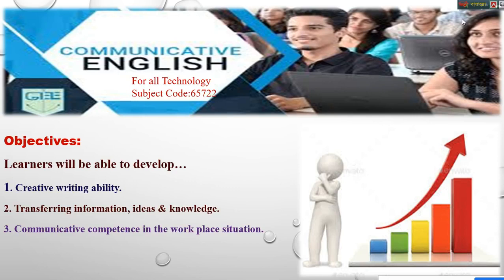Completing this course, our students will be able to develop writing ability creatively. They will have a creative writing ability, and they will be able to transfer information, ideas, and knowledge, and ultimately their communicative competence will be developed. They will be able to communicate in their workplace situation or in real life situations, right?